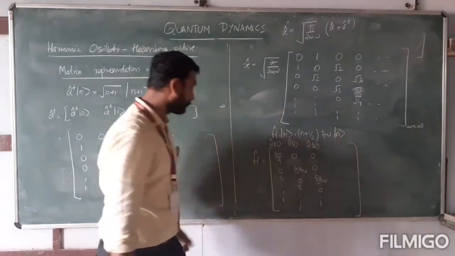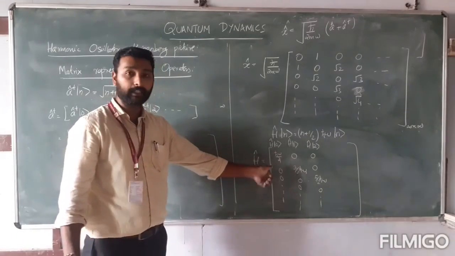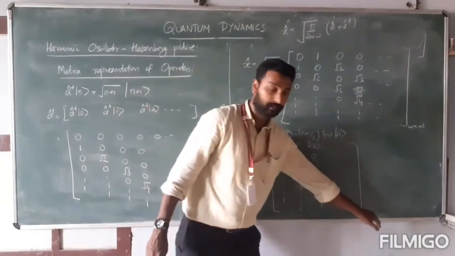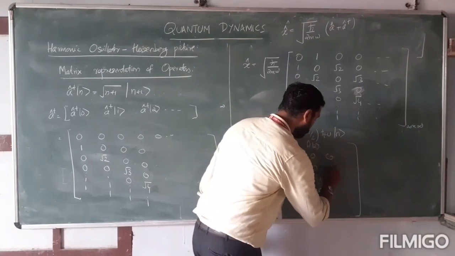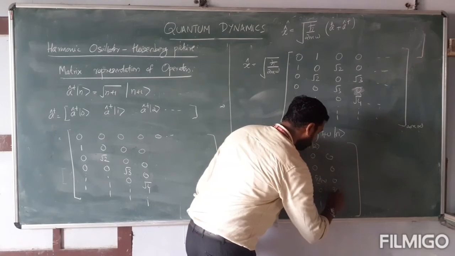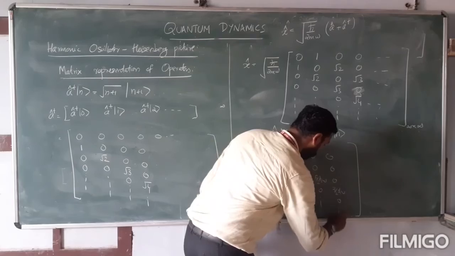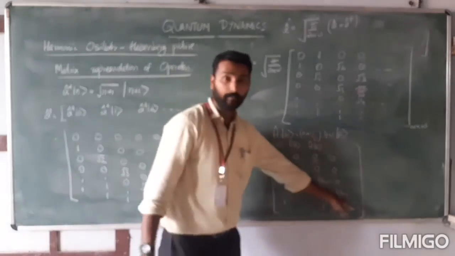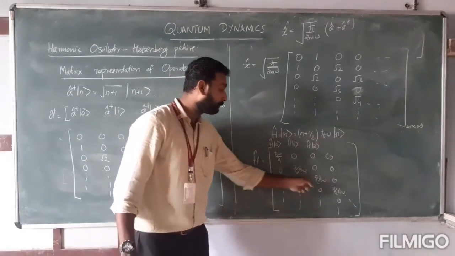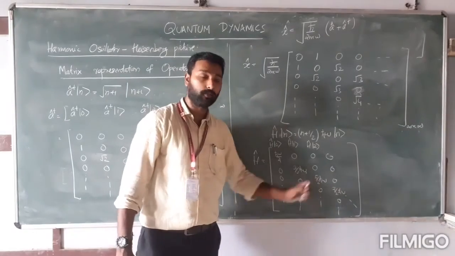So if you look at this expression, this Hamiltonian in the matrix form would be a diagonal matrix, and the diagonal elements would be its eigenvalues.